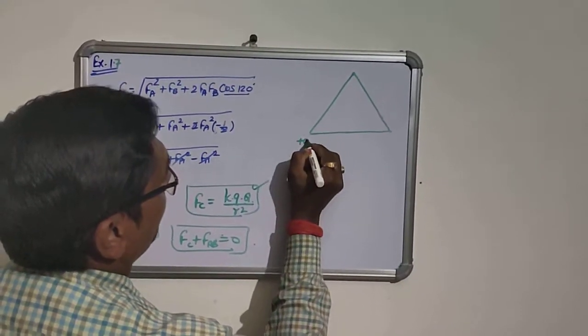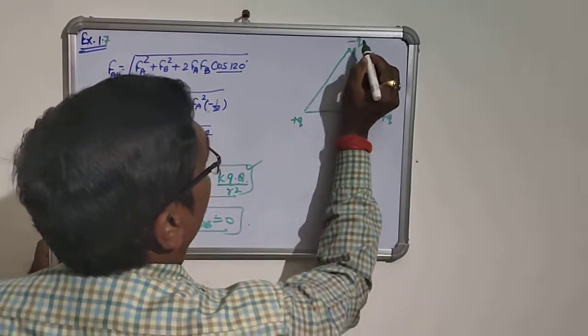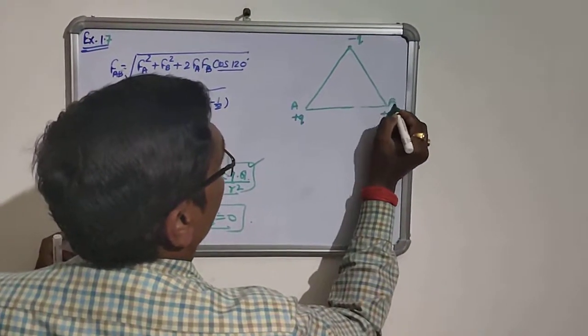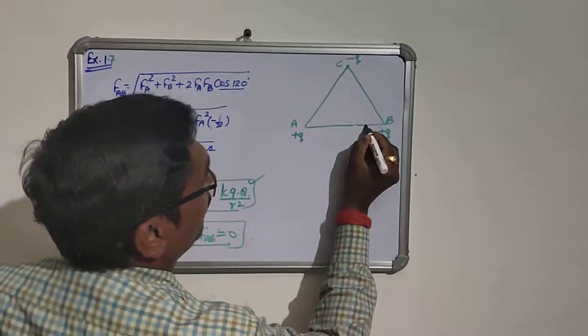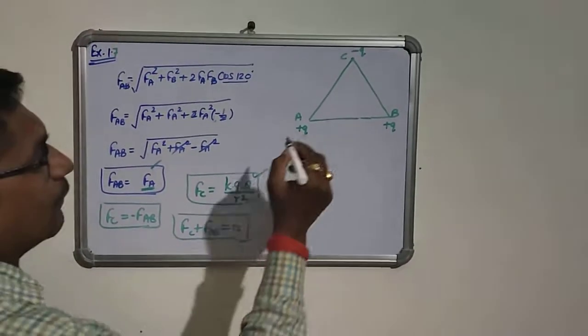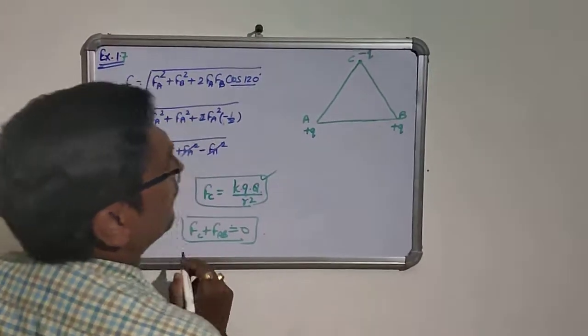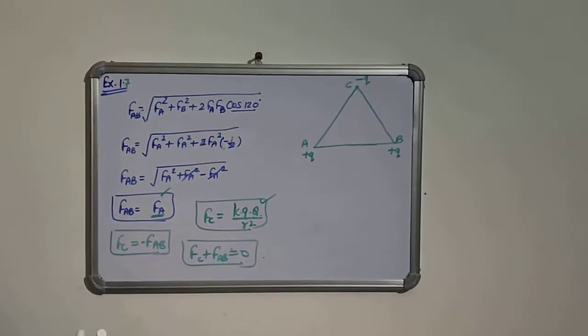The magnitude of this charge is plus q, similarly plus q, and the magnitude of this charge is minus q. Suppose these are points A, B, and C. Now the question is, find the magnitude of force on each charge. Okay, let us solve it.